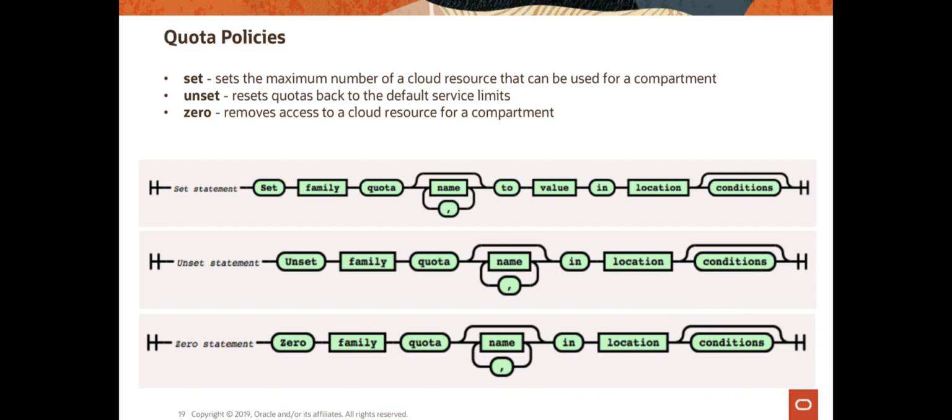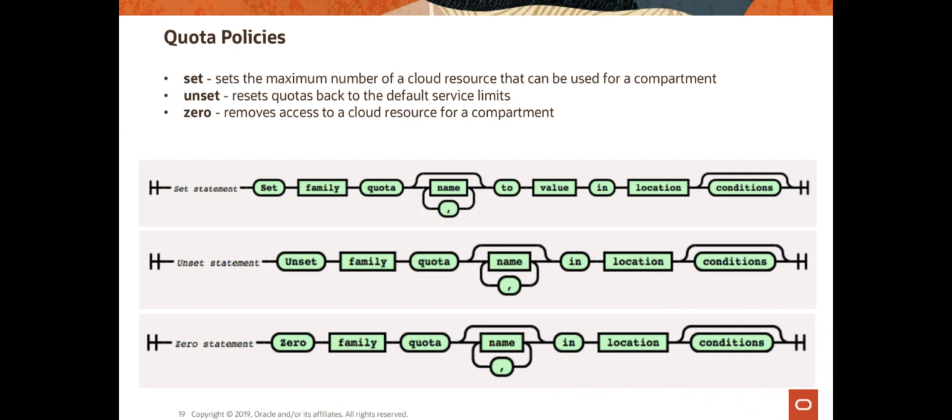And then after name, what you put depends on the type of the statement. For the set statements, you put the value of the quota here, and then you specify the compartment for that quota. And in the very end, there's an optional condition statement.